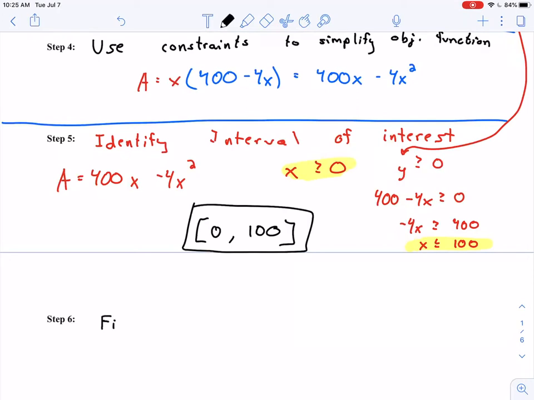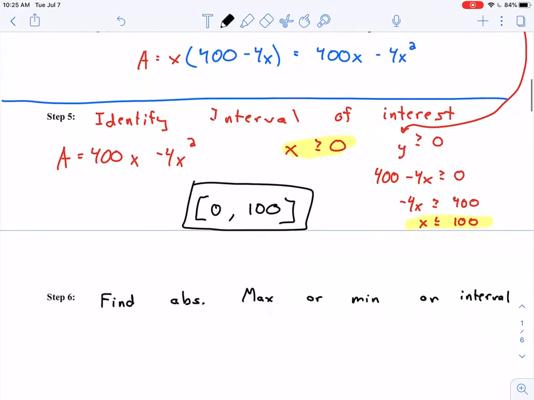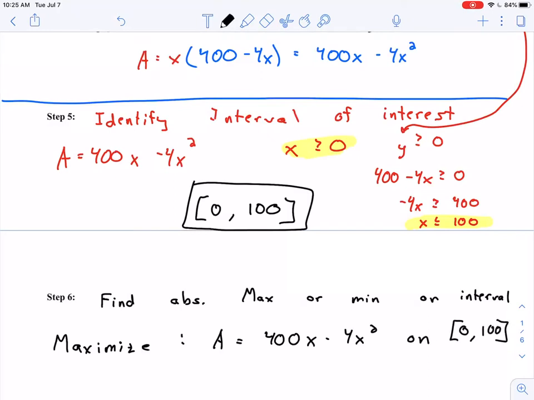We want to find the absolute max or min on the interval that we just wrote. So I'm trying to maximize here. I want to maximize my area function, which is area equals 400x minus 4x squared on the closed interval 0 to 100.